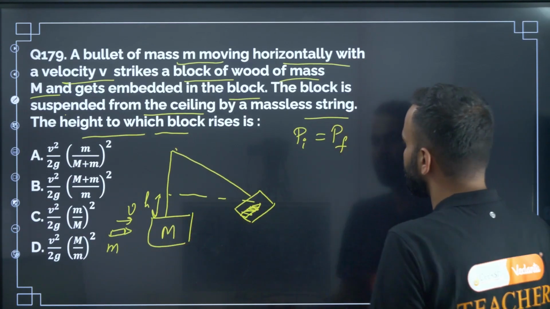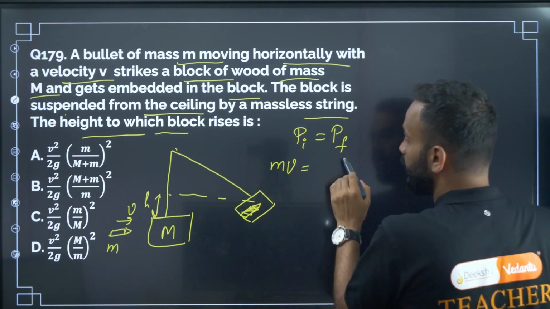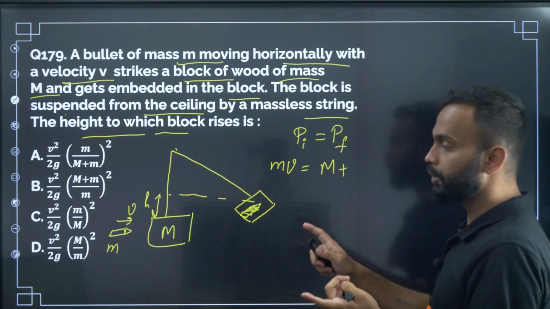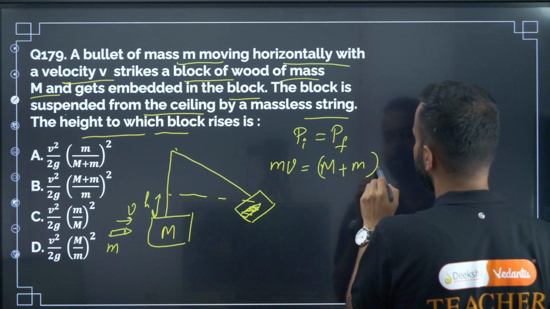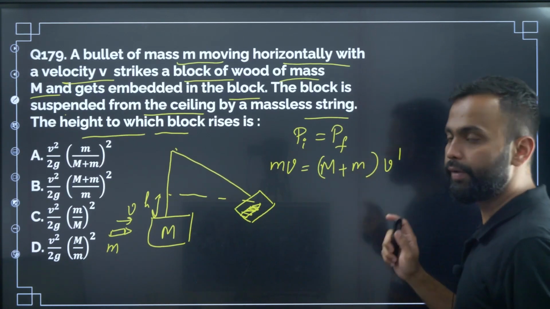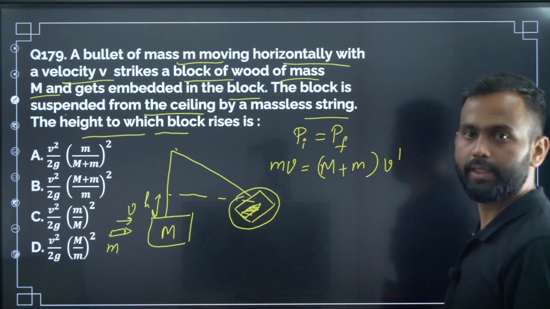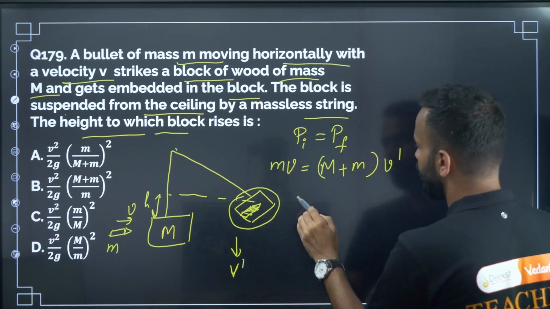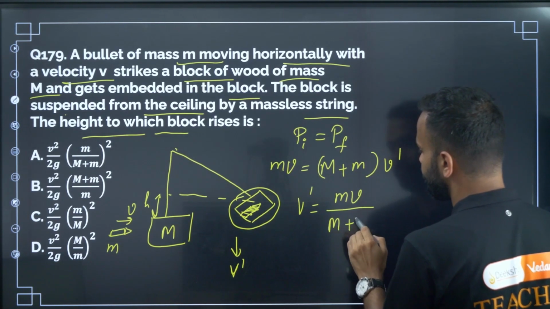Momentum of the block is 0, so the momentum of the bullet is mv, which is equal to the momentum of the block plus bullet, (M plus m) into v dash, where v dash is the velocity of the block plus bullet. So v dash is equal to mv divided by (M plus m).